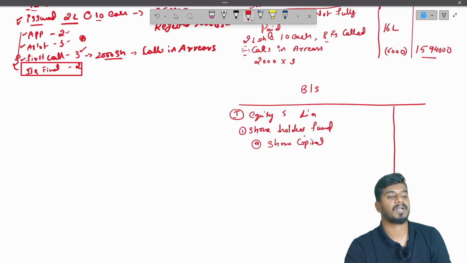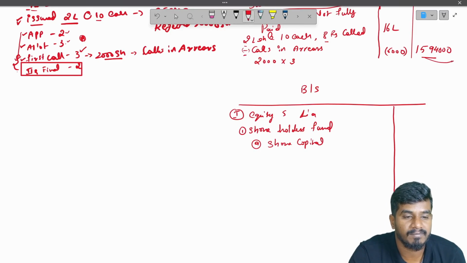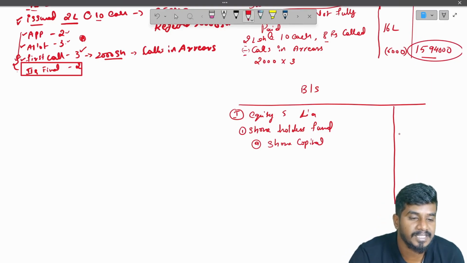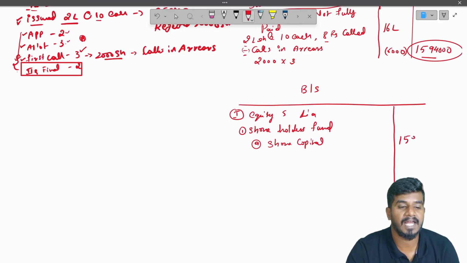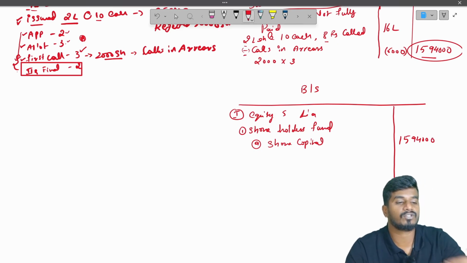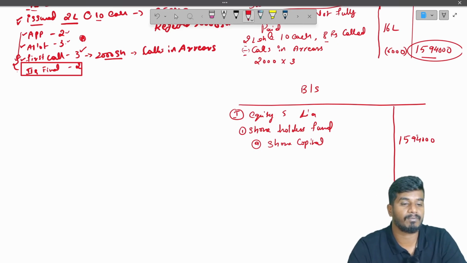So what is the share capital? Whatever we received from the shareholders will be share capital. So 15 lakh 94,000 we have received, and 6,000 is calls in arrears. Why are we showing it in equity and liability?